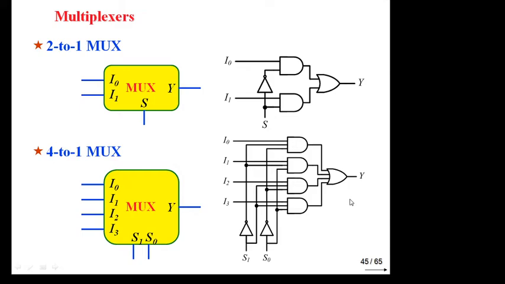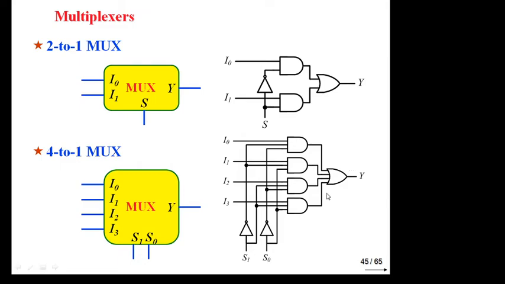Now you have to remember one thing. In a multiplexer, we get the output expression in SOP form, sum of product form. These are AND terms and this is the OR term.